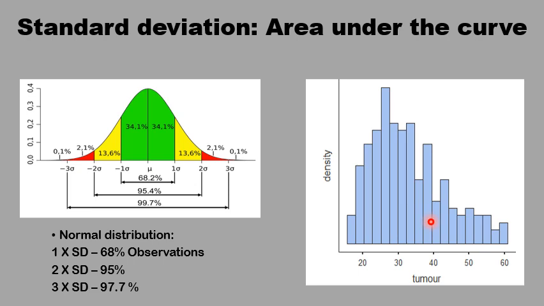But a tumor that measures more than, say, 53 millimeters would be rare. The chance of getting this tumor is less than 5%, and anything above 63 millimeters, that is 3 standard deviations from the mean, is extremely rare.